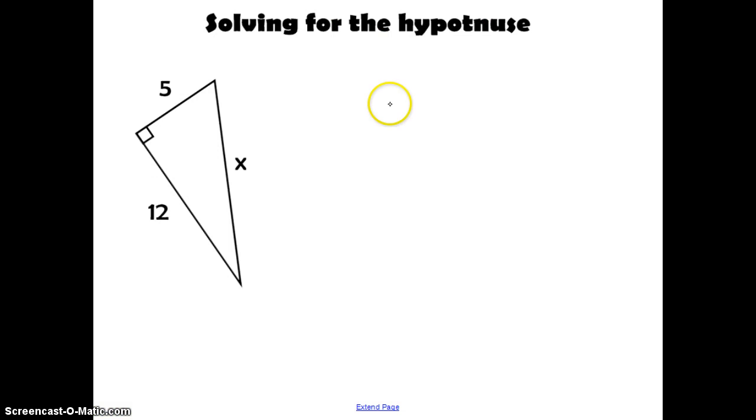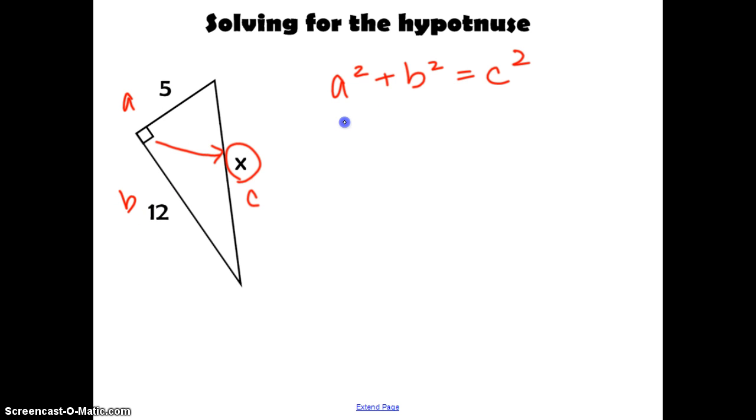Now let's work through a few examples. Here we're going to solve for the hypotenuse. So we're going to start off with our Pythagorean theorem, a squared plus b squared equals c squared. And then we need to look at this. Here's our right angle. This is the side that's opposite, so that means this one has to be C. So 5 and 12, it doesn't matter which one's A and which one's B, but we're going to substitute those values in.